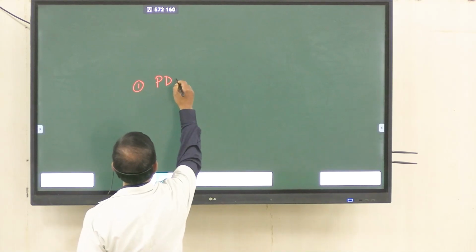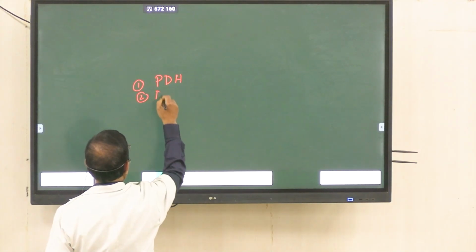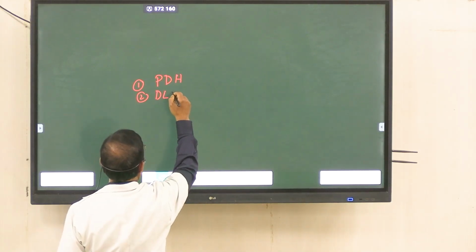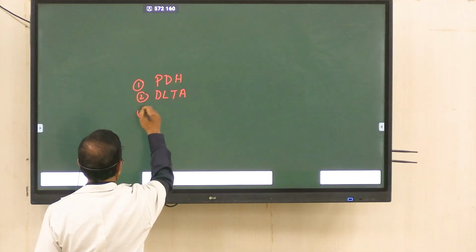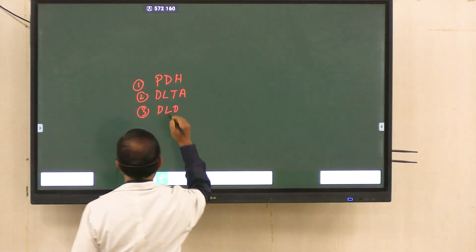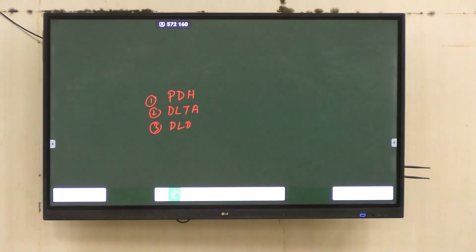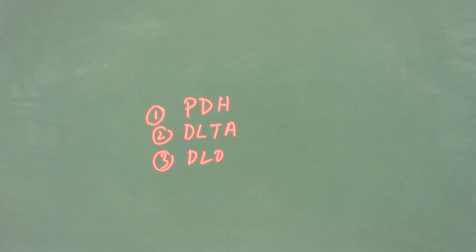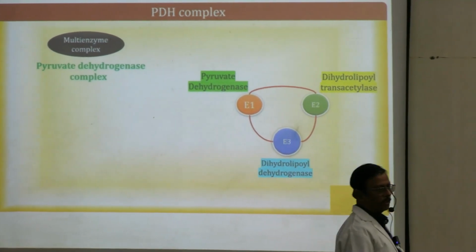Pyruvate dehydrogenase, then dihydrolipoyl transacetylase. Number 3 is dihydrolipoyl dehydrogenase. In the exam, don't write the short forms. So these 3 enzymes remain bound together and act upon the pyruvate.